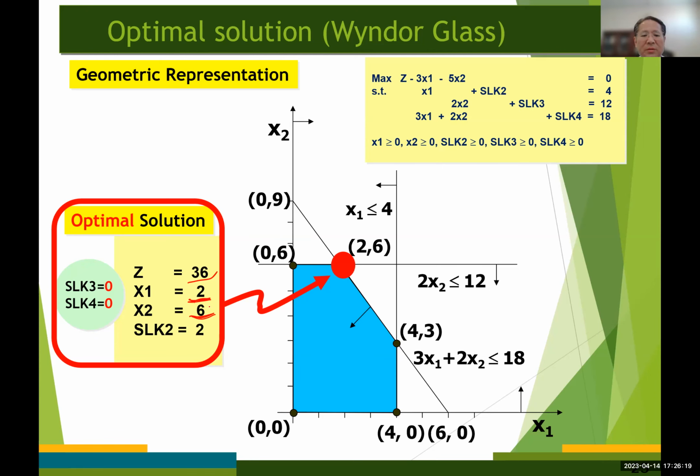And slack 2 equals 2 means with this current production plan, there are 2 hours of unused labor in plant number 1, right? And I told you every basic solution represents the corner point in the feasible region. So we are right here in this corner, okay? The optimal solution appears at this corner point.